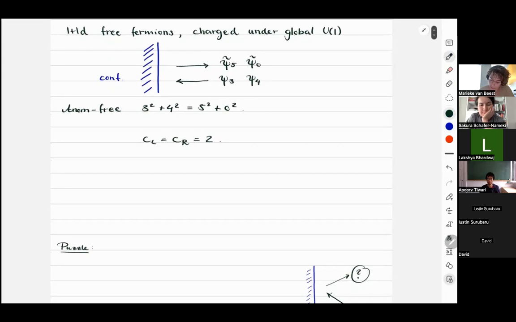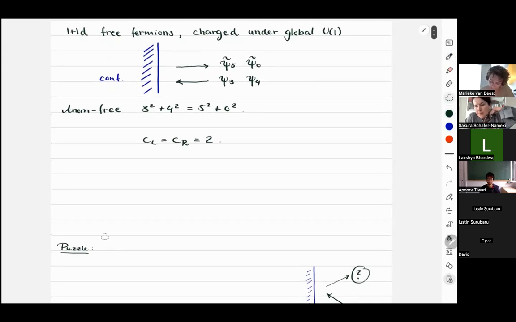And the puzzle is as follows. If I throw a psi3 into the boundary, how can it scatter? Same question for psi4, of course, but let's just focus on one of them. How can psi3 scatter off the boundary?